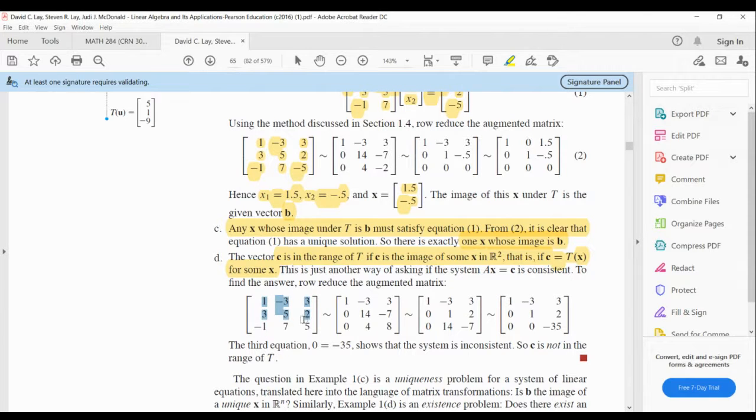So you have to see if there's a solution vector x that will work. It turns out that you get an inconsistent system, and so c is not in the range of the transformation.